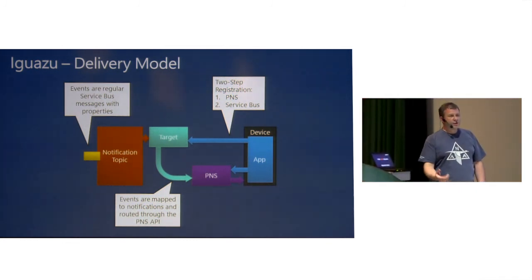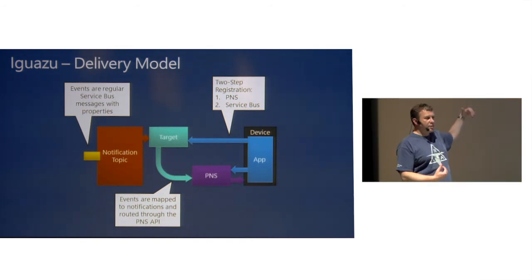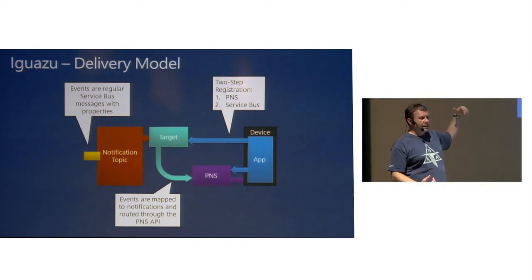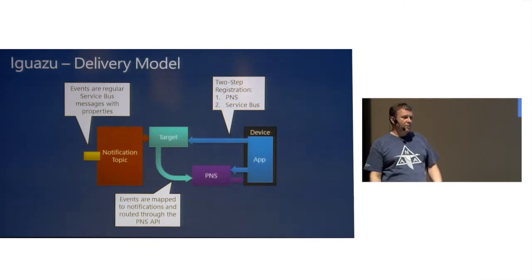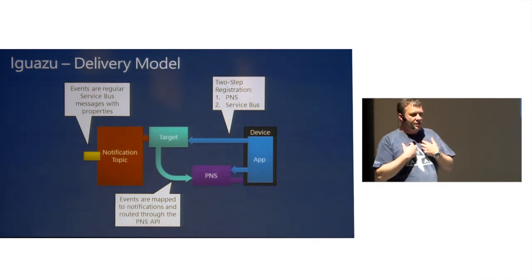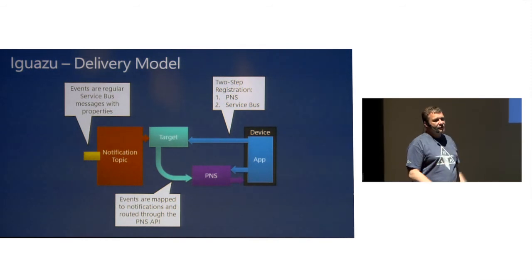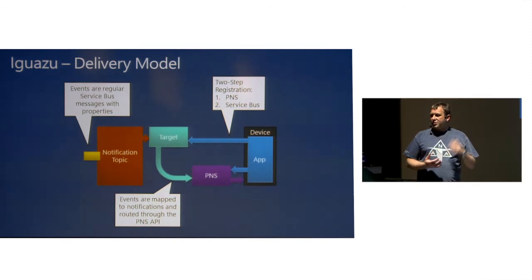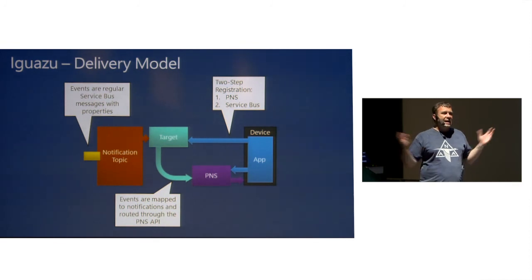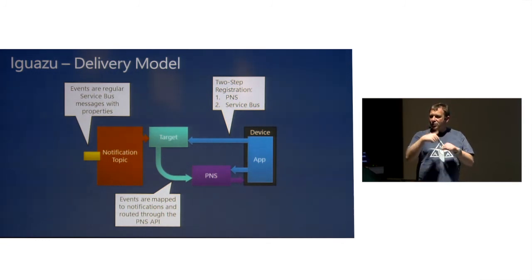A target is a pair of a registration with us and a push notification URI or device ID. So we manage the device IDs for you, and you can have on a single notification topic 5, 10, 15 million targets. And we'll also have tags that allow you to do filtering.